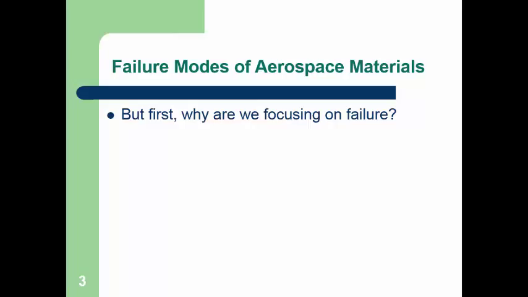Well, in aerospace, for instance, the results of failure can be catastrophic in loss of life and property. Moreover, it's interesting to use the philosophy of designing to prevent failure.